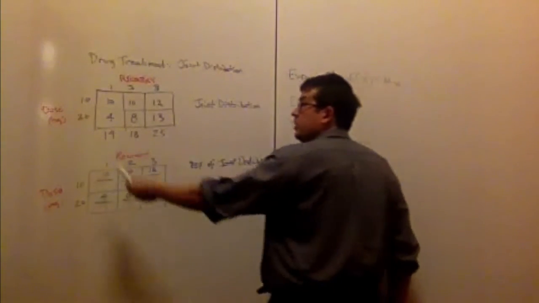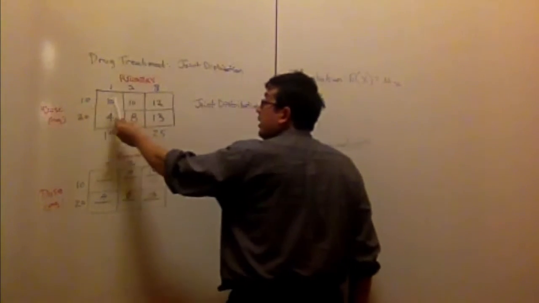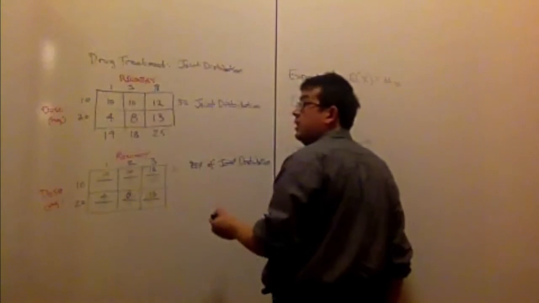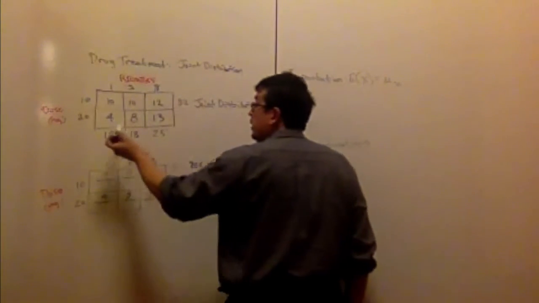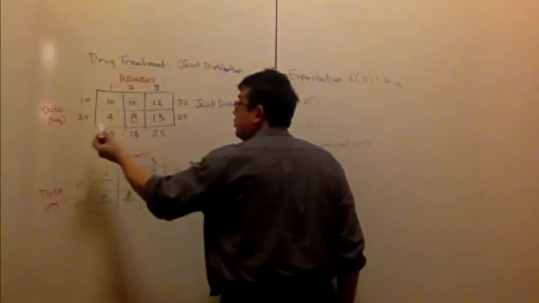The other margin would be to add row-wise across within the array cells. We have 32 cases received a dosage of 10 milligrams, and we see that 25 cases received the dosage of 20 milligrams.